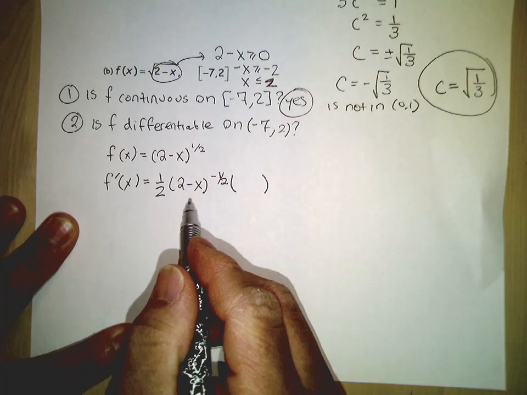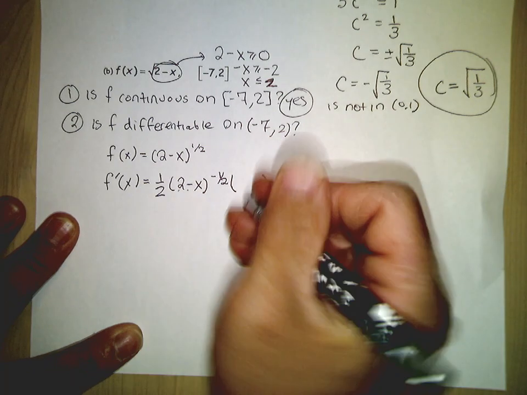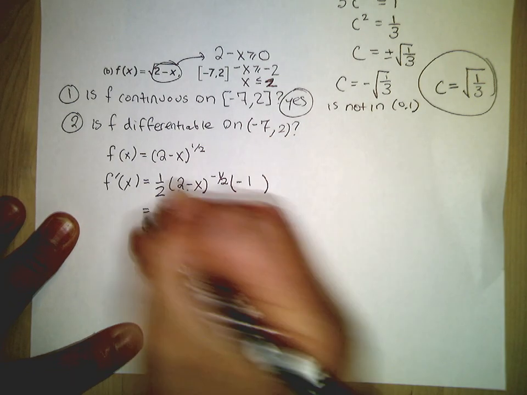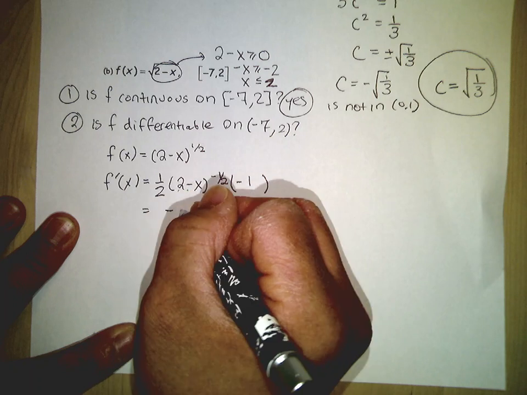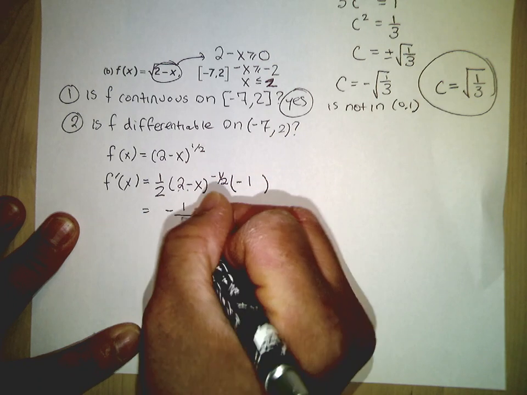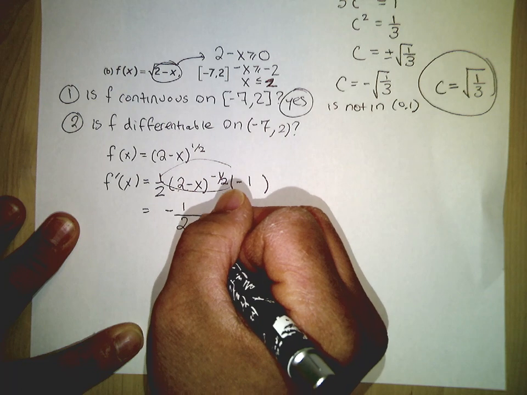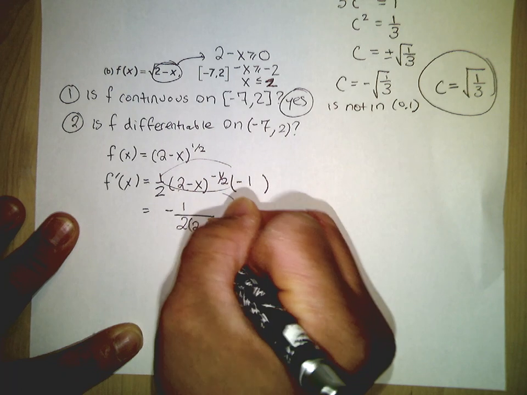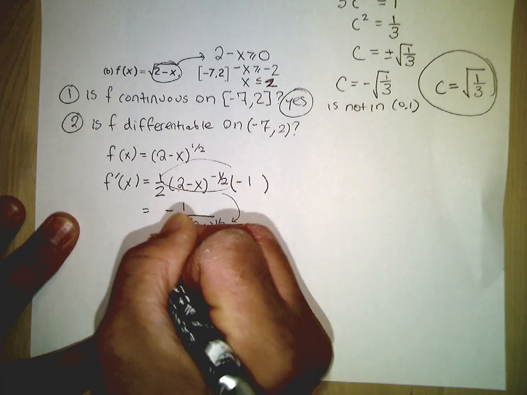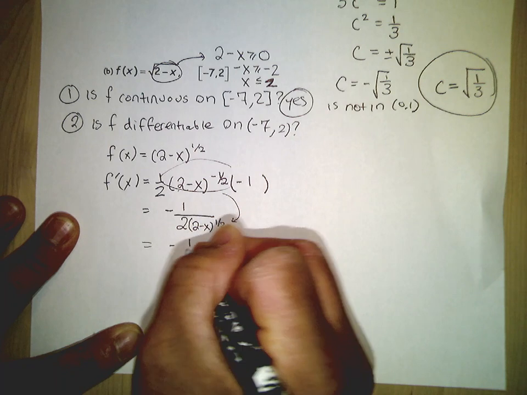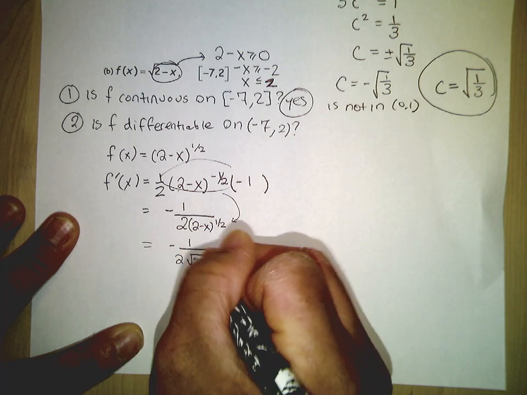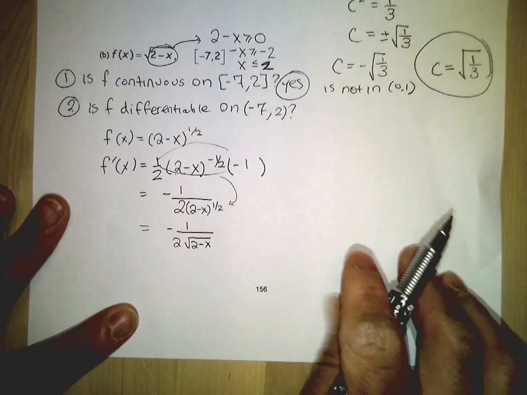Use the chain rule, so the derivative of 2 minus x is -1, so this becomes negative 1 over 2, and I'll bring this part back into the denominator as the square root, so 2 minus x to the 1/2 power, or negative 1 over 2 square root of 2 minus x.